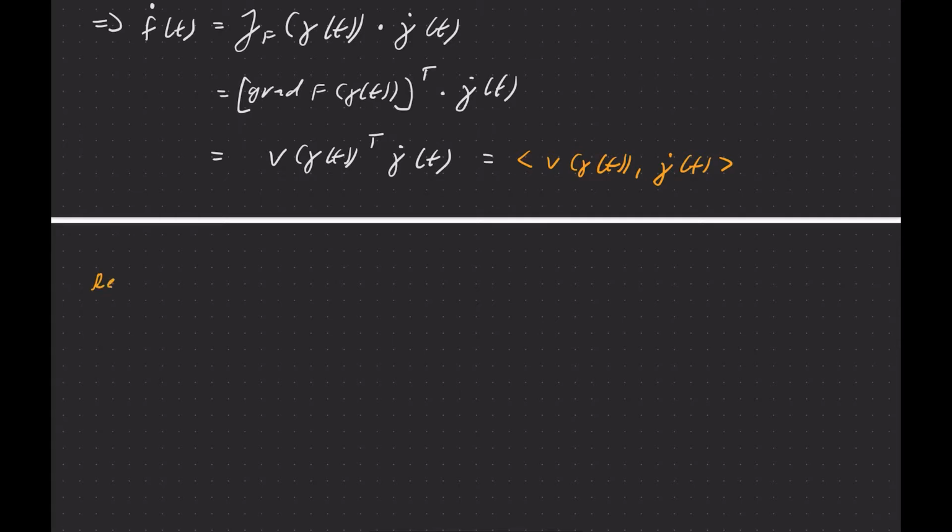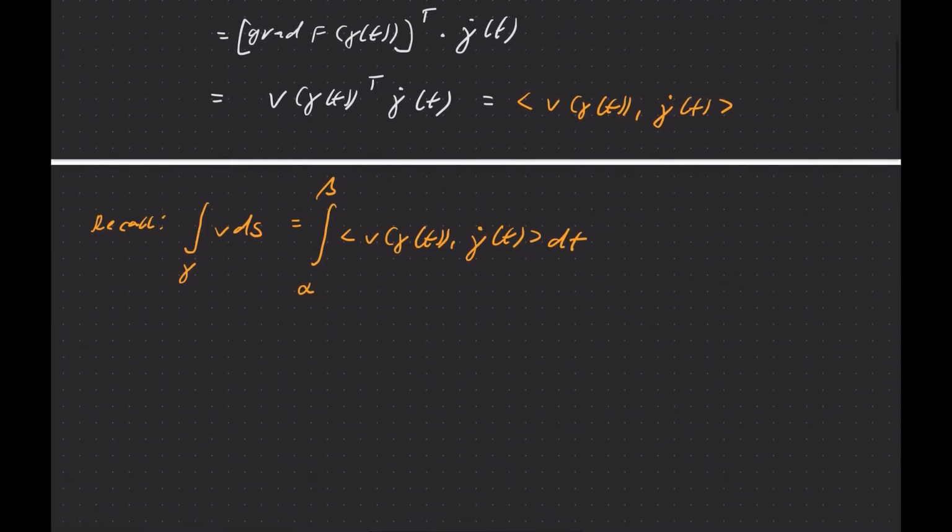So recall, the integral over gamma of V ds is, by definition, the integral from alpha to beta, the boundaries of the interval, of precisely that scalar product here, V of gamma of t and gamma dot of t dt.